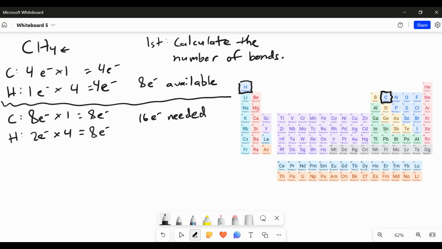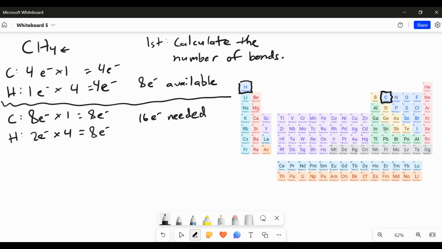Now, here's what's critical. Each electron in a covalent bond gets counted twice, because both atoms on either side of that bond get credit for it. So the difference between these two is going to help us figure out how many covalent bonds we need.